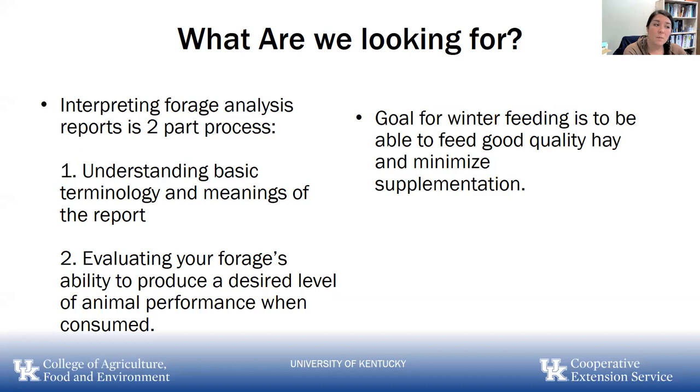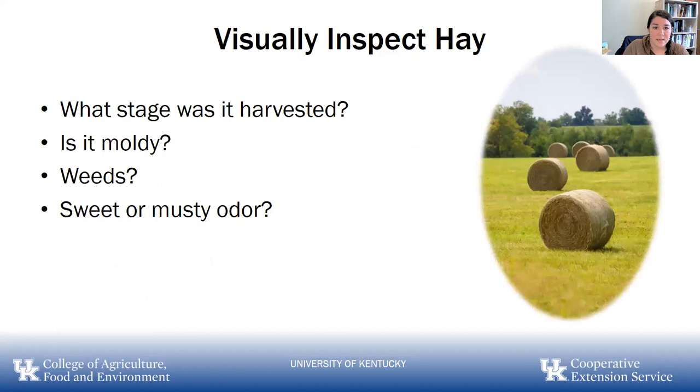In this case, we're probably going to be talking about winter feeding. A lot of our hay reports go into the fall and winter because that's why we produce hay anyway. So we're going to look at that. Is that good enough quality hay to, number one, minimize supplementation and get the animal to perform the way we want it to? And there's a lot of factors that go into that. So let's dig into it.